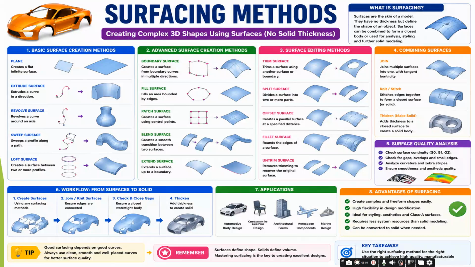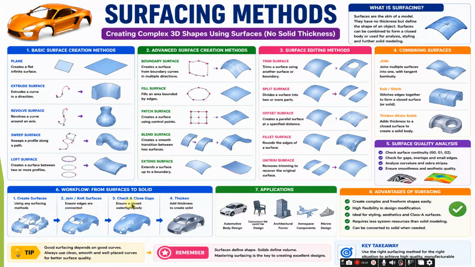For advanced surface creation: fill surfaces, blend surfaces, extend surfaces. For surface editing: trim surfaces, split surfaces, offset surfaces, fillet surfaces, untrim surfaces. For combined surfaces: join, knit and stitch, and thickness. The diagrams clearly show these.